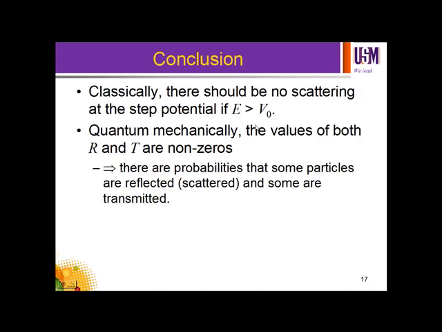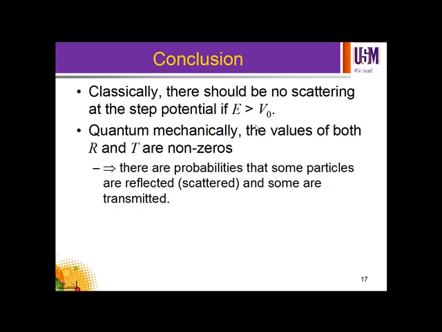In conclusion, classically, there should be no scattering or reflection at the step potential if E, the energy of the particle, is greater than V naught. Quantum mechanically, however, the values of both R and T, where R is the probability of being reflected and T is the probability of being transmitted, are non-zero.